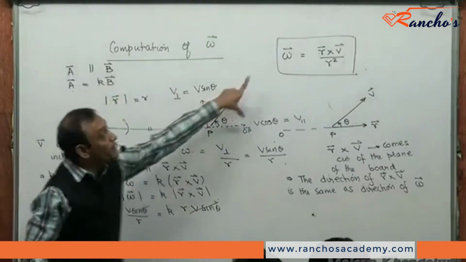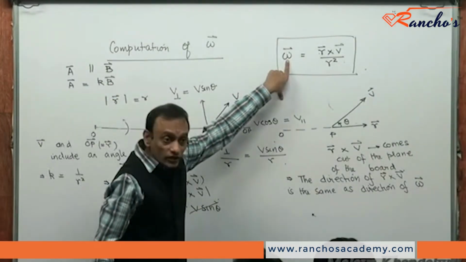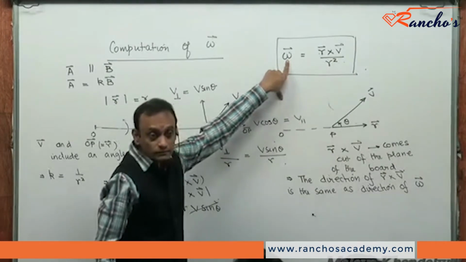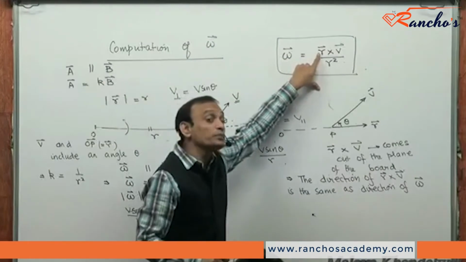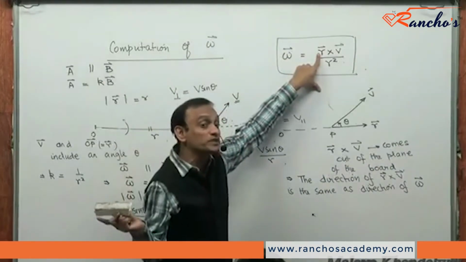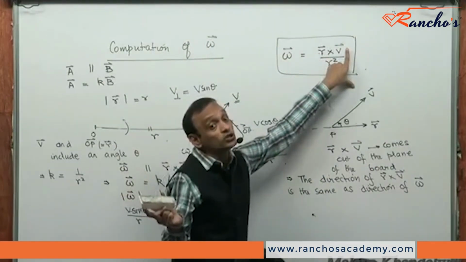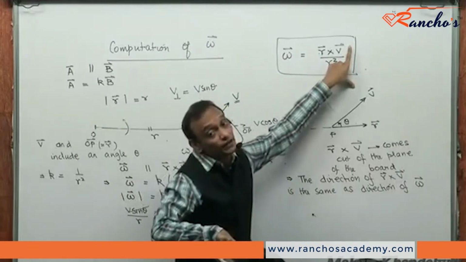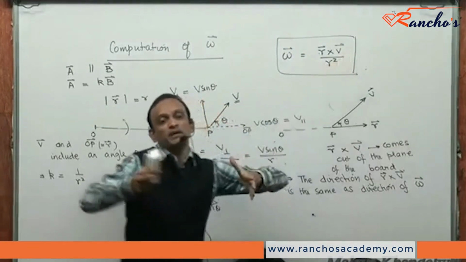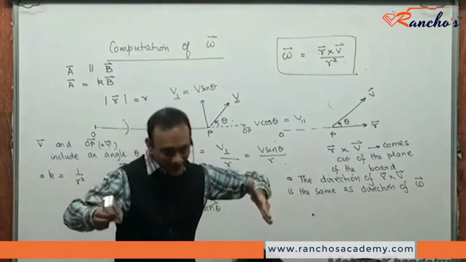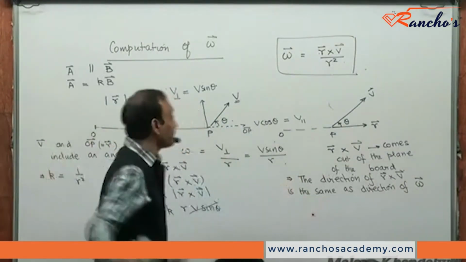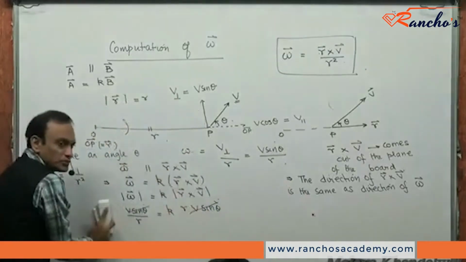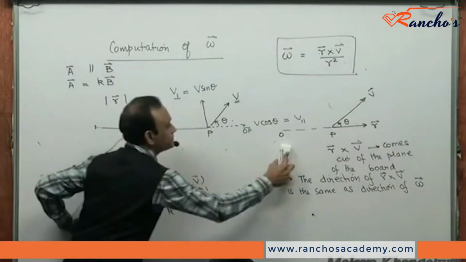So you remember this angular velocity of a particle as seen by an observer O, where r is the position vector of the particle as seen by that observer, v is the velocity of the particle as seen by that observer, and small r is the separation between the particle and the observer. That'll give me in one shot the angular velocity vector. Now, can I wipe this off, this portion? Good.